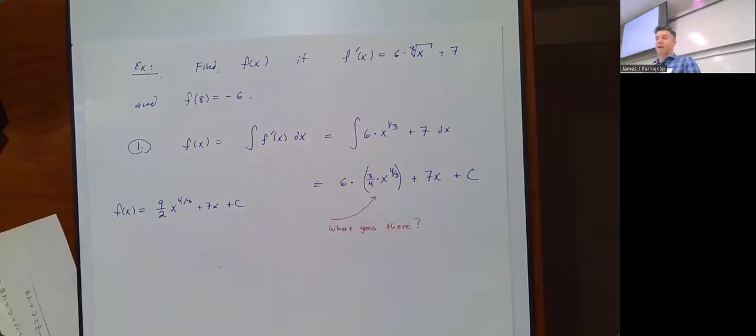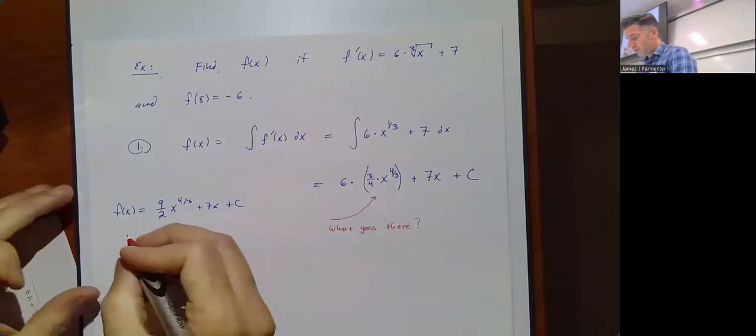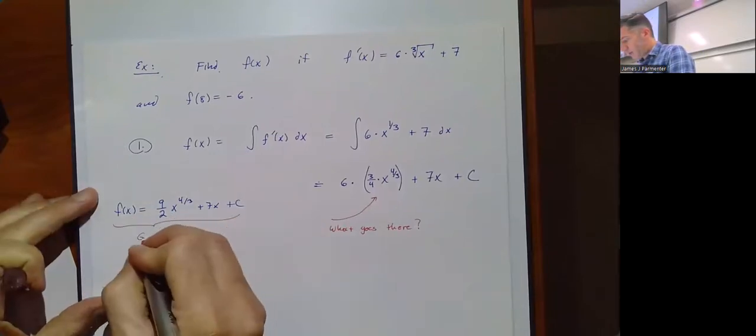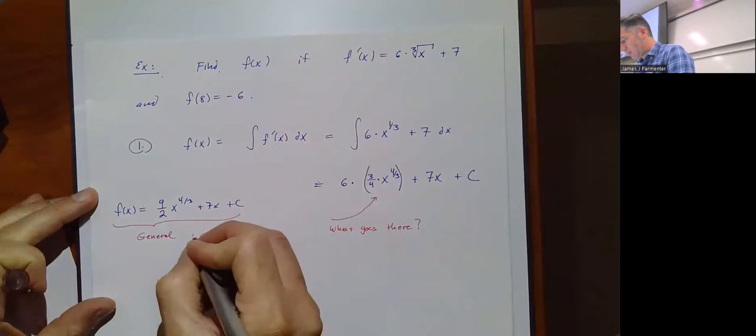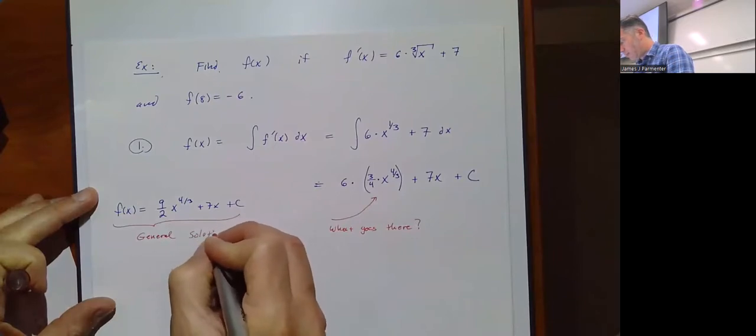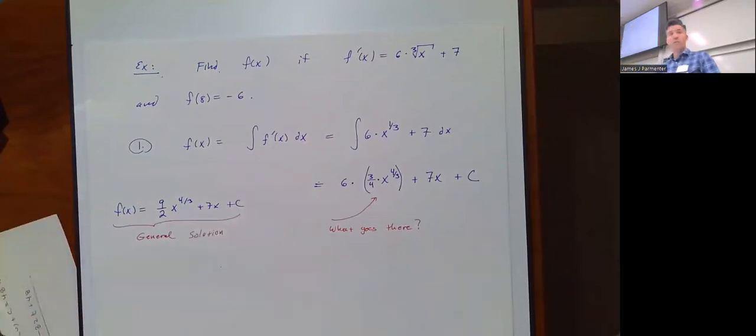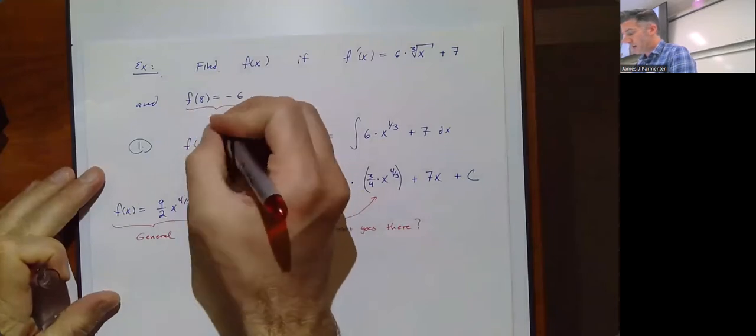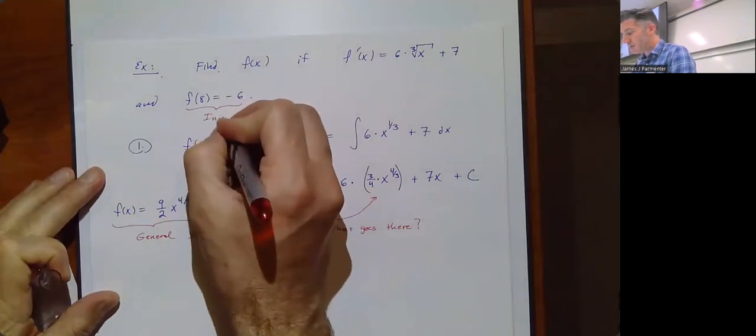And what I would say is that this is the general solution. Meaning, if I just said find any old antiderivative, this is what you'd be looking for. However, they have given us more information. They gave us what's typically referred to as an initial condition.